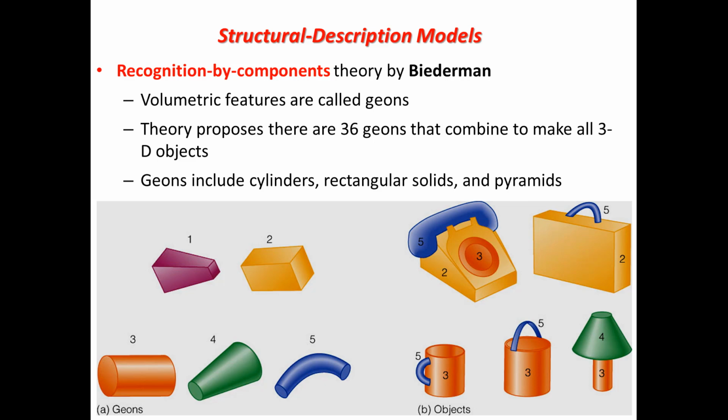And just by recognizing the combination of geons, which include cylinders and rectangular solids and pyramids, and here are some examples in the picture, you can see that most objects can be described or can be remembered as combinations of these geons. So his idea was that these 36 geons can then lead to description of all objects and therefore recognition.